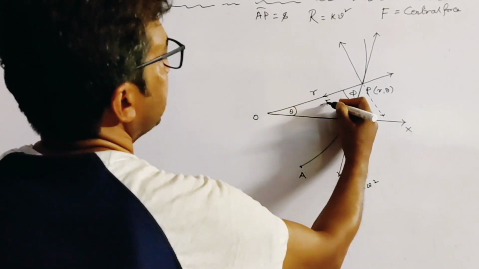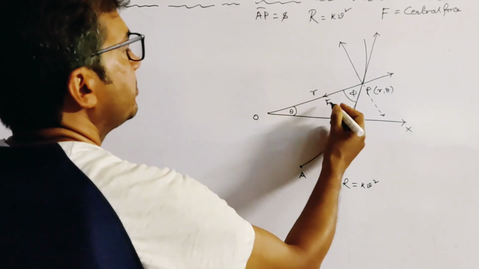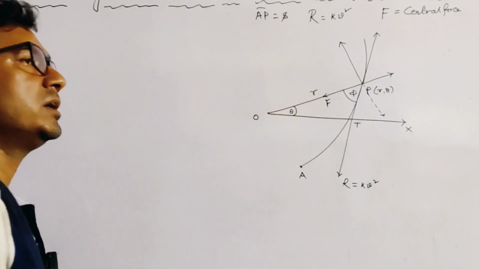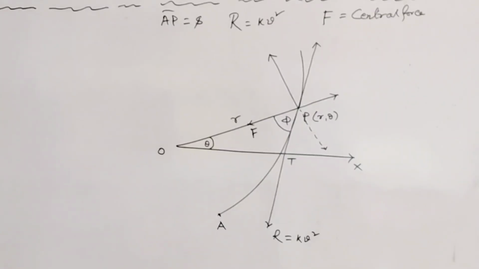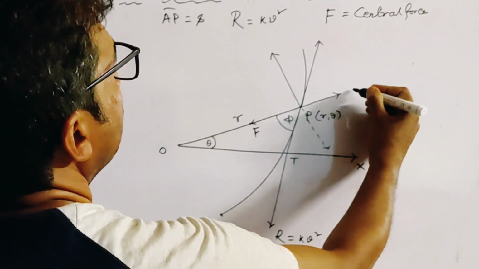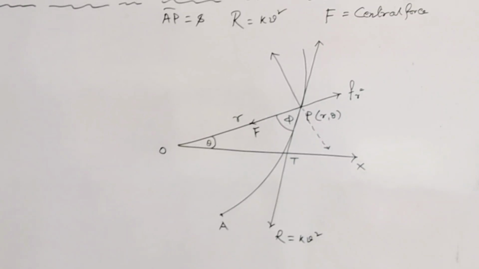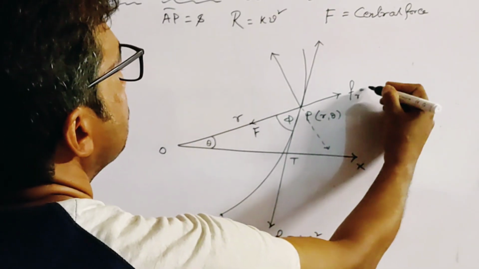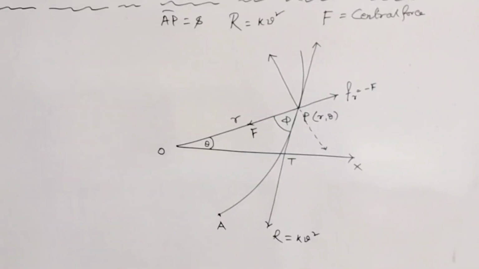Here the central force acts in this direction. This is minus F, because F acts in the direction of the center of force. In this direction we know that Fr is the radial acceleration, equal to minus F, because F acts along PO, so in the opposite direction.